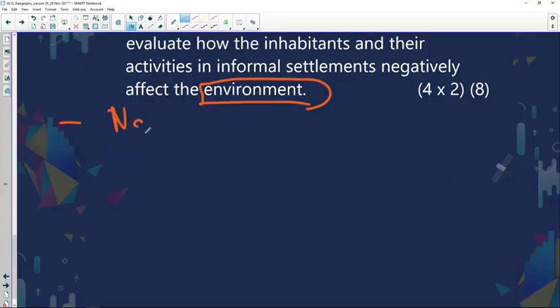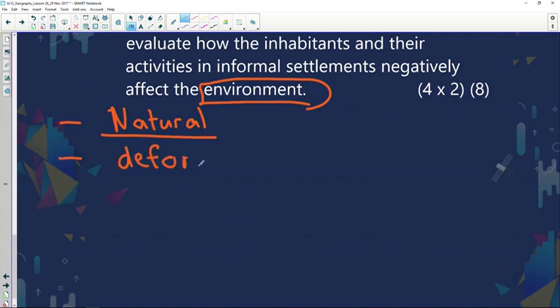Now, first of all, if you look at these informal settlements, they lack services. So the biggest problem that's going to exist environmentally is pollution. Three things that we need to have a look at are the natural environment, the social environment, and the economic environment. If we look at the natural environment, definitely deforestation.